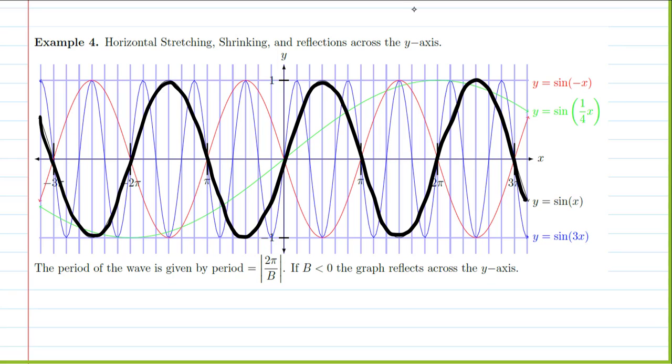For sine x. And if we look at the sine of 3x right here, so it's composed with 3x, we look at our blue wave and we notice something very interesting. They have the same starting value.